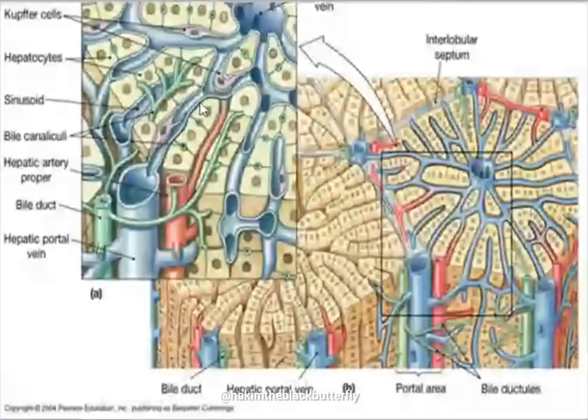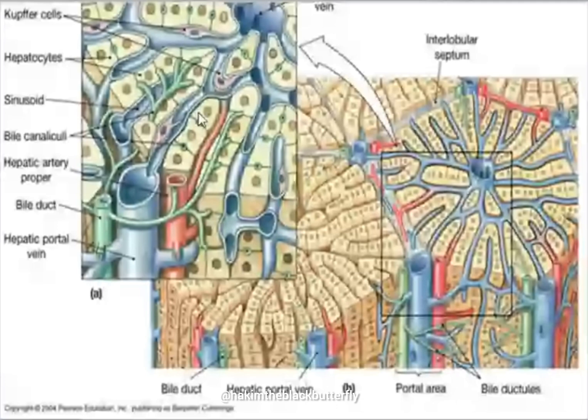That small space is known as the space of Disse. Or you can call it perisinusoidal space. That is the space between the sinusoids and the hepatocytes.